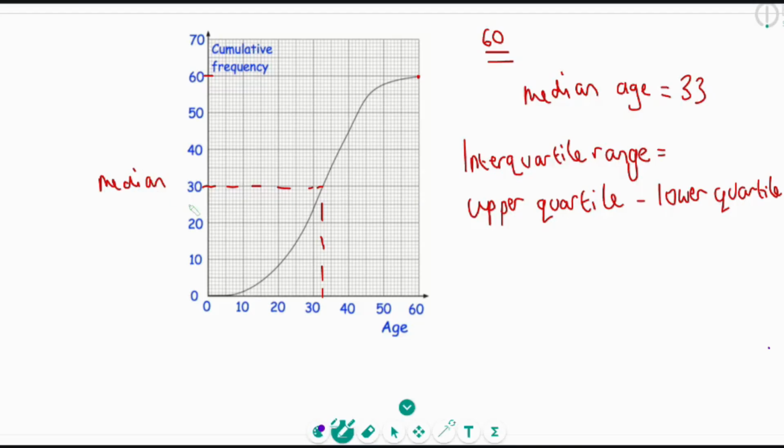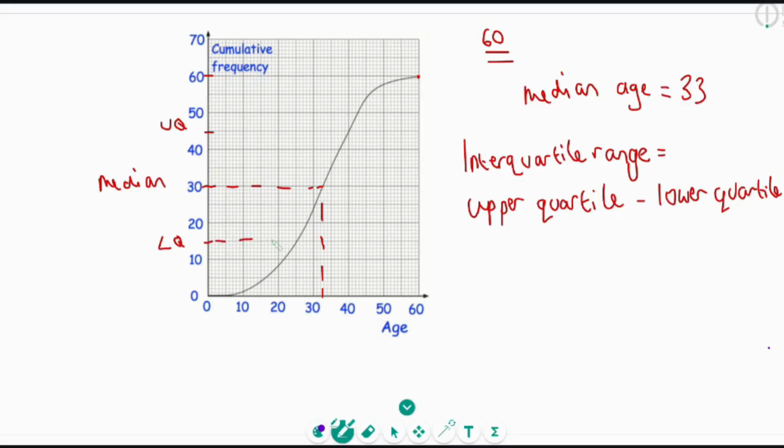Okay, so if the median's at 30, where's a quarter along the data? So half of 60 is 30. A quarter of 60 people is 15. So that's where you're going to find the age for the lower quartile person. And the upper quartile, what's 3/4 of 60? 45.